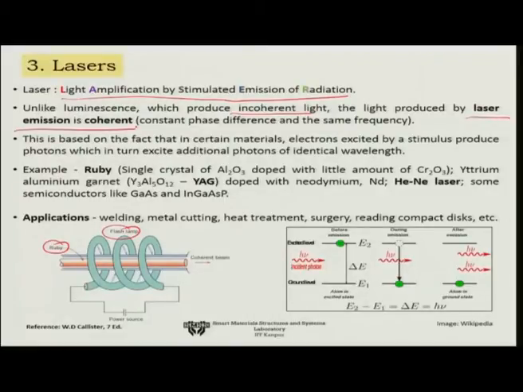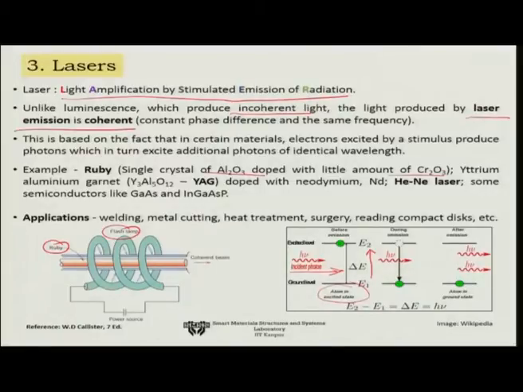When you consider ruby, which is a single crystal of Al2O3 doped with a very little amount of chromium oxide, or yttrium aluminum garnets, YAG as we call them, or helium neodymium lasers, when you excite these materials, you first get the atoms in the excited state. The incident photon comes, and some of the electrons get excited to the high energy state.